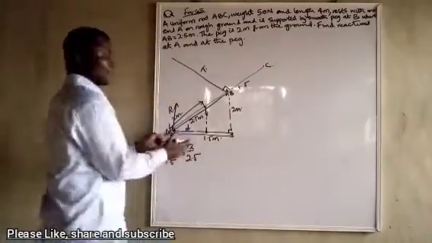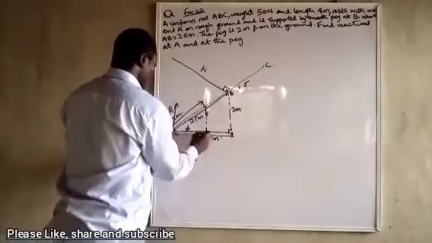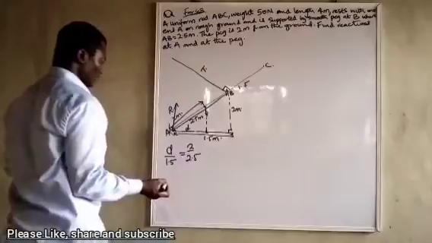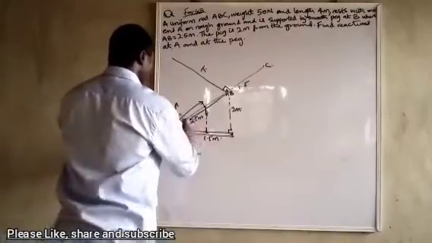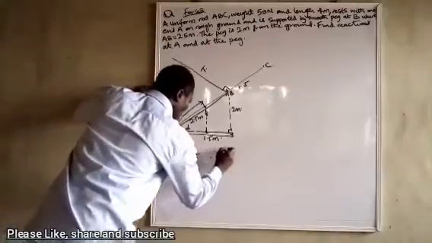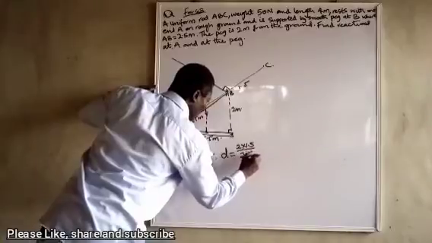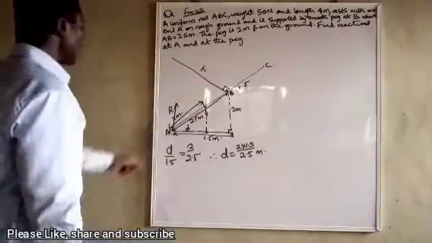You understand? It's a similar triangle situation. This place over this place will be equal to this place over this place. That's what I just did. Therefore, D will be equal to 2 times 1.5 over 2.5. Now, let's take moments about A.